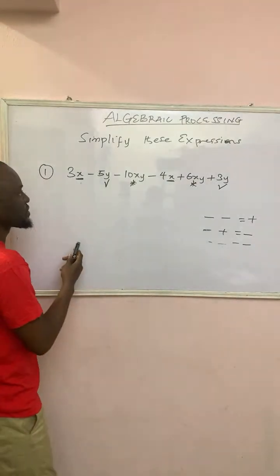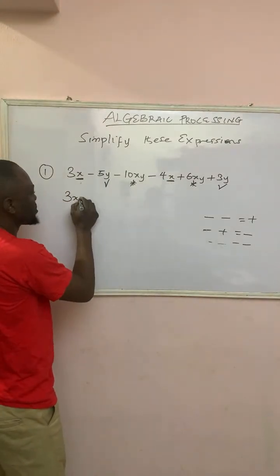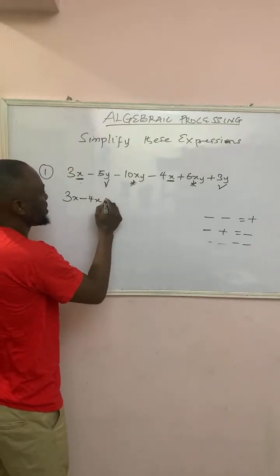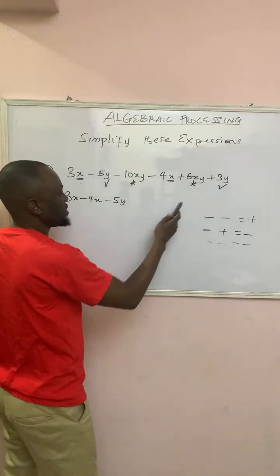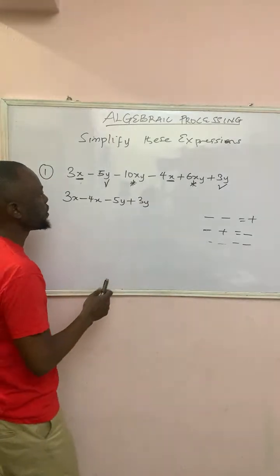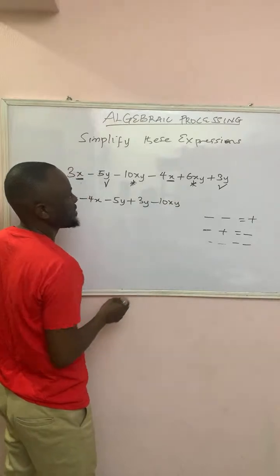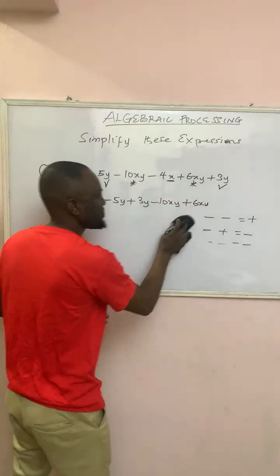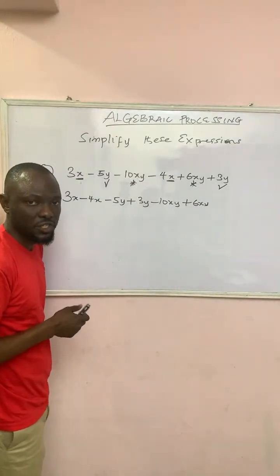So we'll start with saying 3x, then you have a minus 4x. Then for this, you have minus 5y. And then for this, you have plus 3y. Then you also have minus 10xy, then plus 6xy, all right? So let's add up. We'll go by the rules of addition and subtraction.